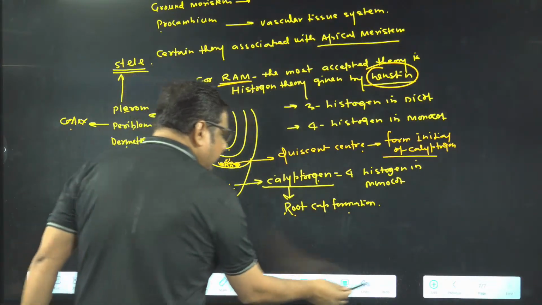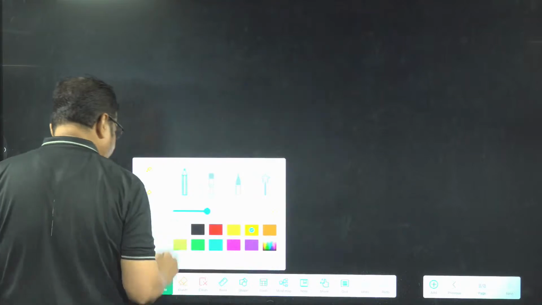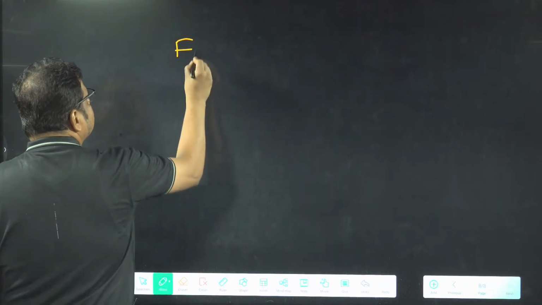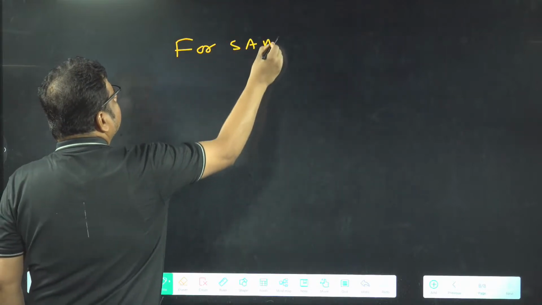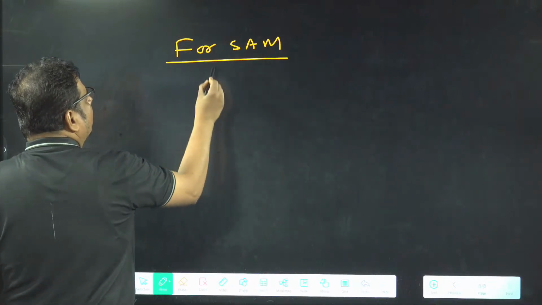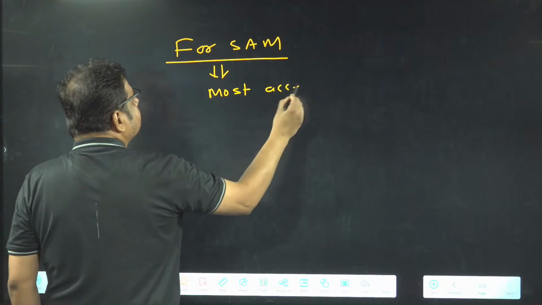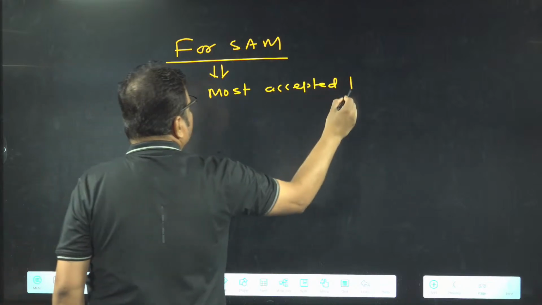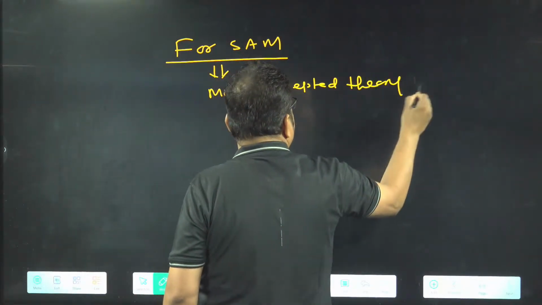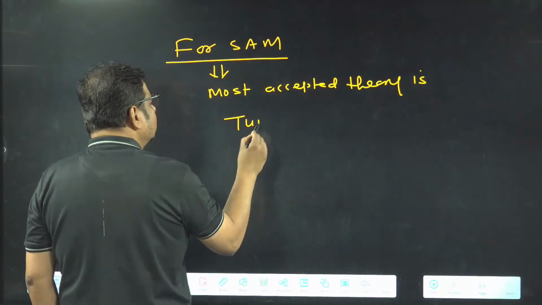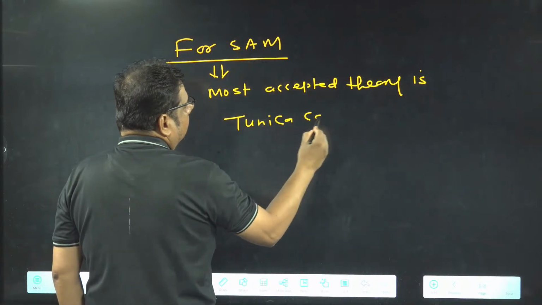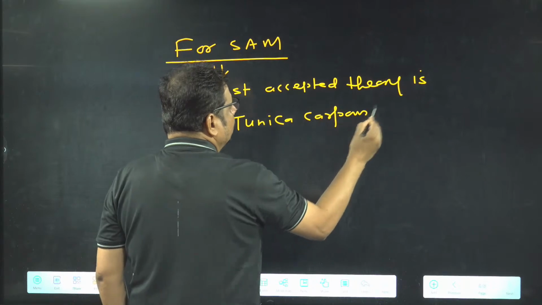Another theory I am telling, for SAM, shoot apical meristem, the most accepted theory is tunica corpus theory.